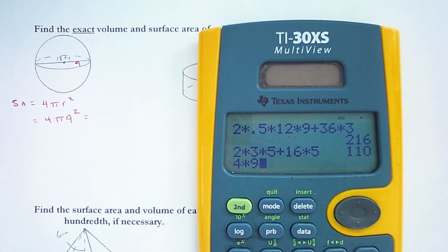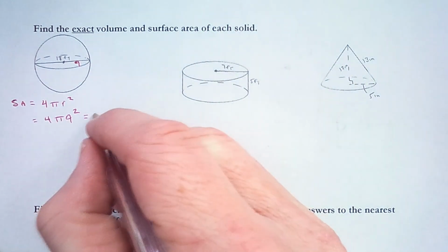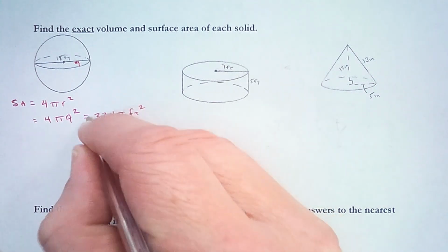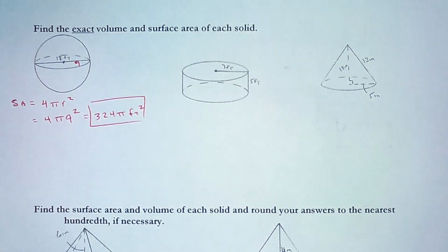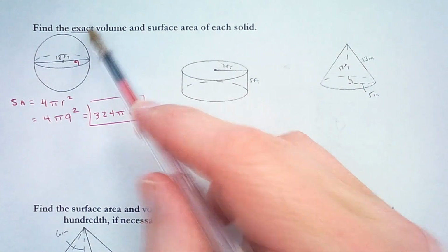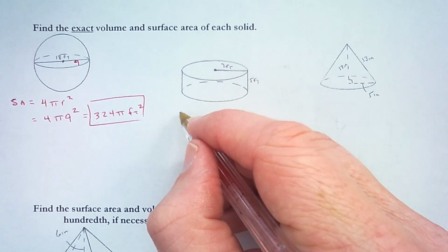So we have 4 times 9 squared. That's 324. So we have 324 pi feet squared. Once I put pi in the calculator, it's not exact anymore because I will have to round. So since we are looking for exact volume and surface area, we will not put pi in the calculator.